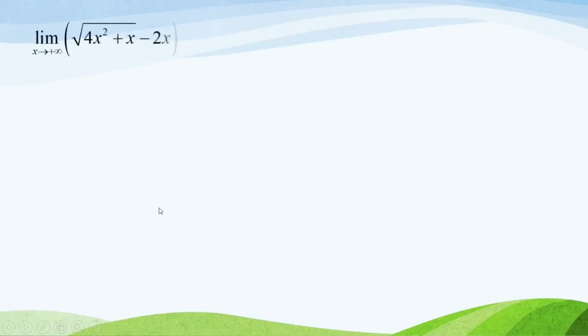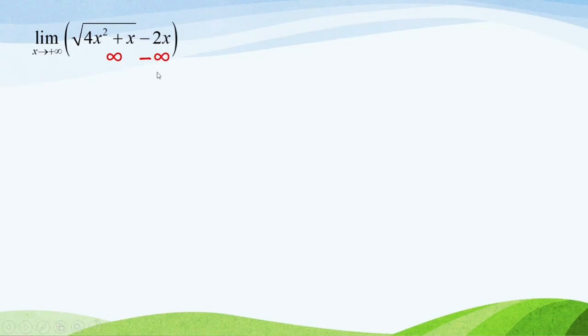For this question, when we substitute infinity in x, we get the square root of 4 infinity squared plus infinity, so the answer is infinity, minus 2 times infinity is negative infinity.